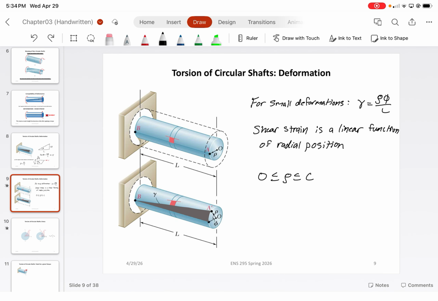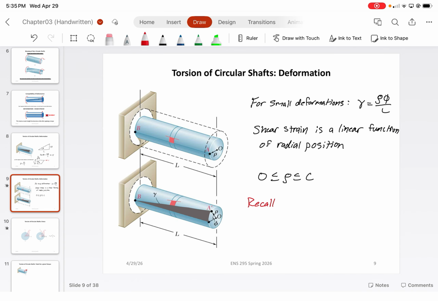Now, with this shear strain, we also technically have a shear stress, right? If you guys remember, shear stress and shear strain are related. How are they related? Does anyone remember? Exactly.